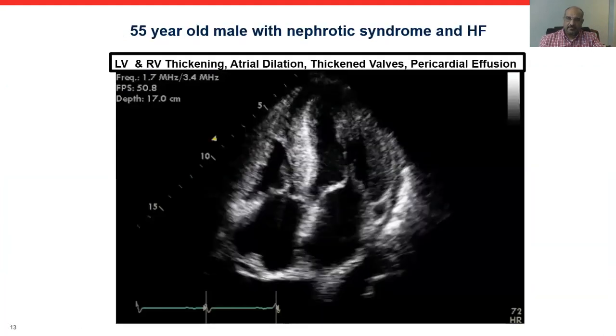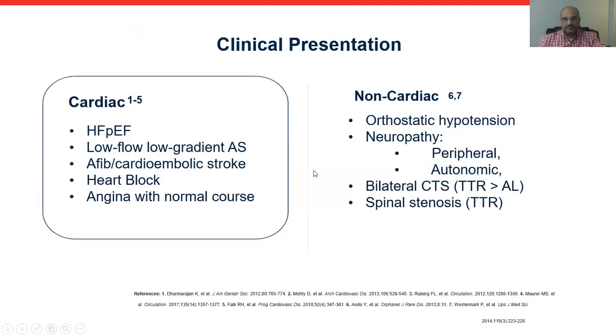This is a 55-year-old male with nephrotic syndrome and heart failure. There is LV and RV thickening, atrial dilatation, thickened valve, pericardial effusion. All these can be a manifestation of cardiac amyloidosis, of course, plus the LVH.